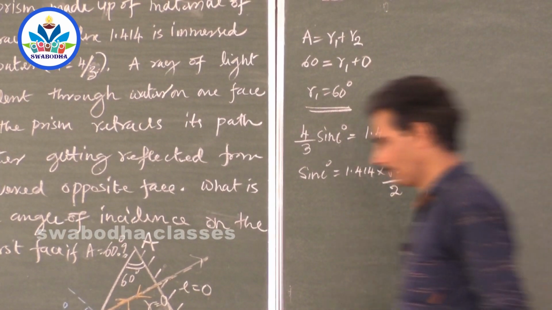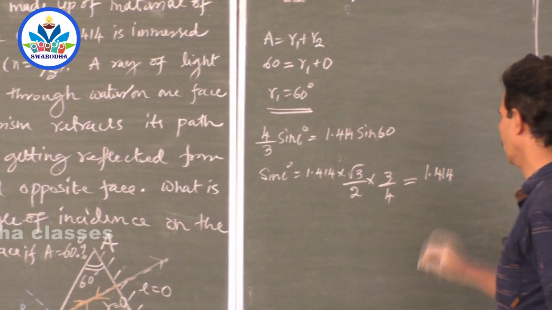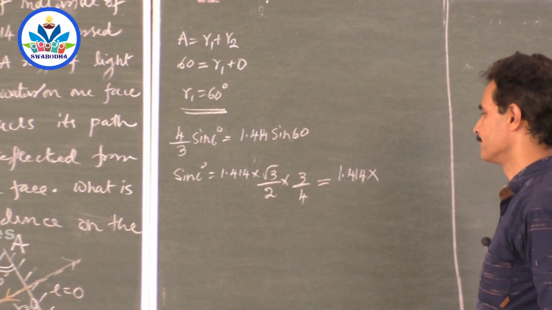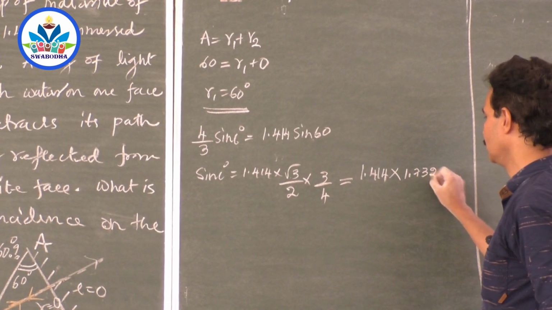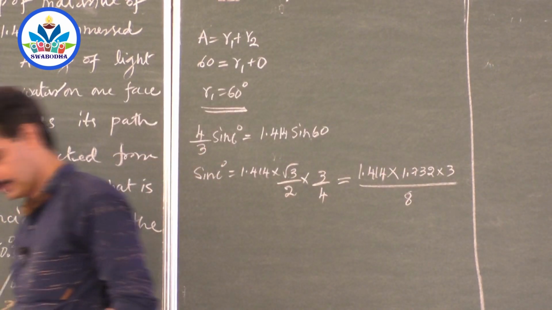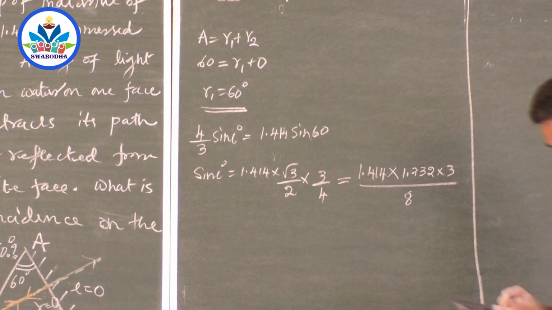We will calculate it. You can take root 3 as 1.732. 1.414 into 1.732 into 3 divided by 8. What answer do you get here? That is equal to 0.918.